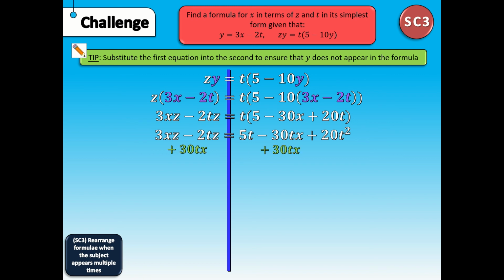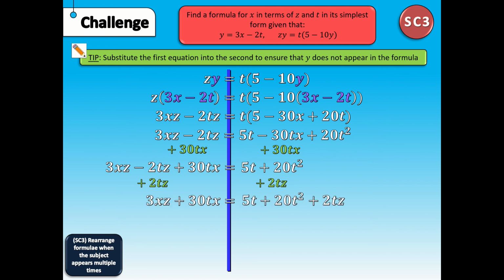Then we can add 30tx to both sides. Then we add 2tz to both sides. Then we can factorise the side with x on it.